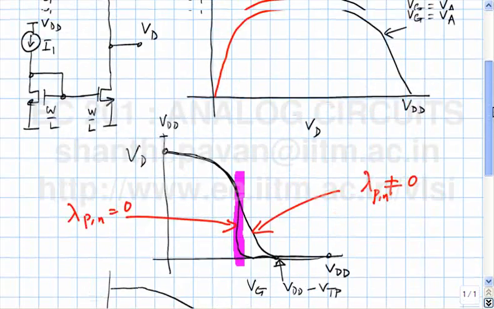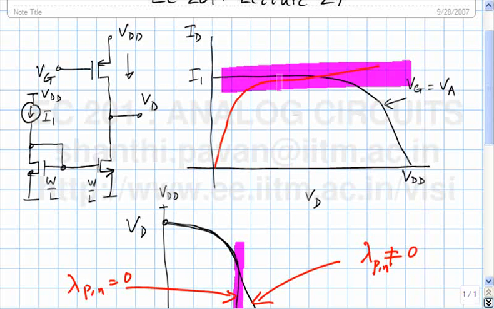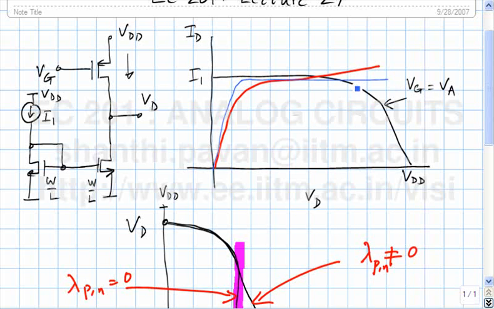Physically you can understand it by looking at the slopes of these two curves. If the red curve was flat, then what happens? Even a small change in the applied gate voltage will shift this curve up and down, and even a small shift of the PMOS characteristic up and down will cause the point of intersection to abruptly shift from the rightmost side to the left side. Does it make sense?